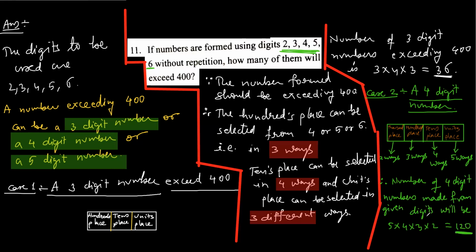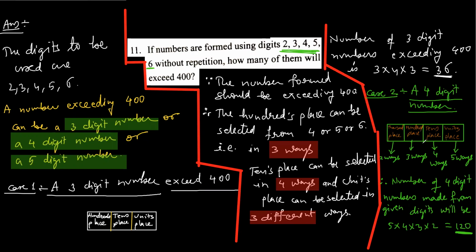Okay. And then, see students, this I wrote in shortcut. Please don't write like this. What you will do, you will make a statement. You may not make 4 different statements. You write the units place, tens place, hundreds place, and thousands place can be selected in 5 ways, 4 ways, 3 ways, and 2 ways, respectively.